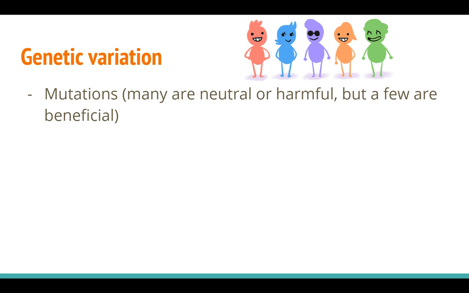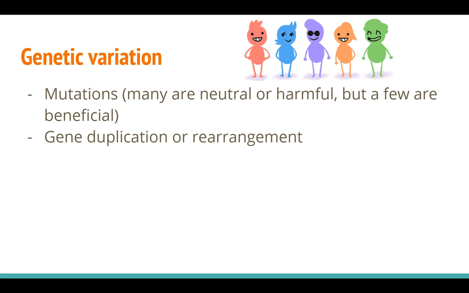They don't really affect anything in how that organism functions for one reason or another. Many of them are harmful, and those mutations just disappear from the population because maybe that organism can't even function correctly or can't develop, or it just doesn't survive as well. But occasionally there are mutations that are beneficial in one way or another, and those tend to be the ones that get passed on and become adaptations.